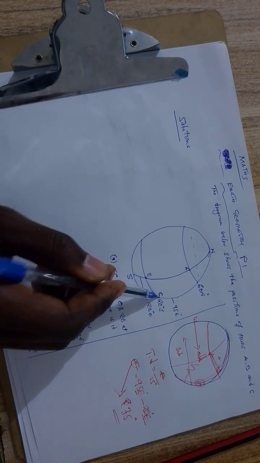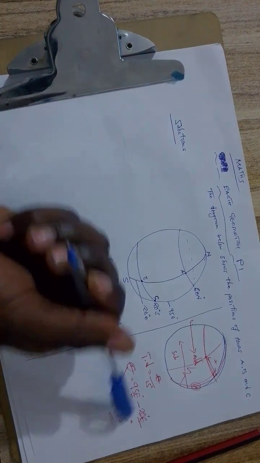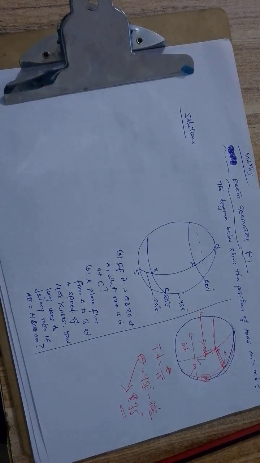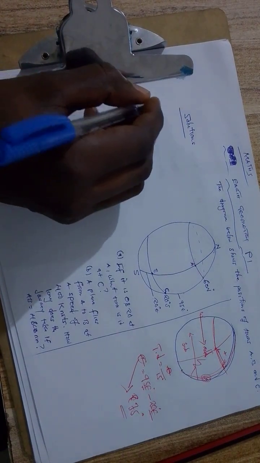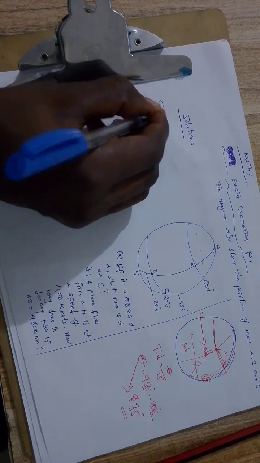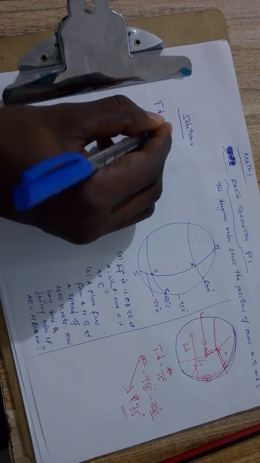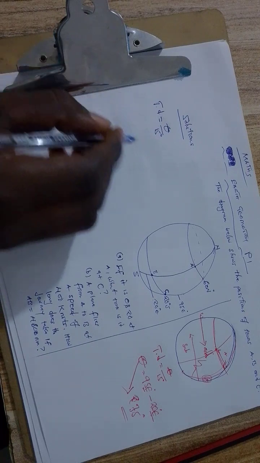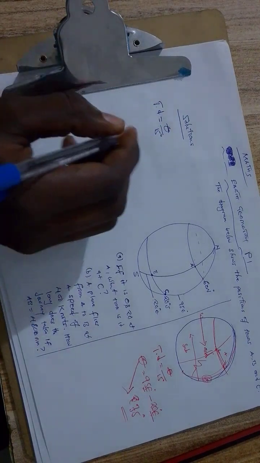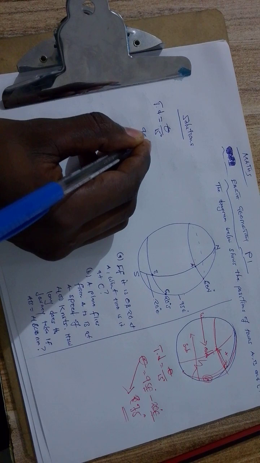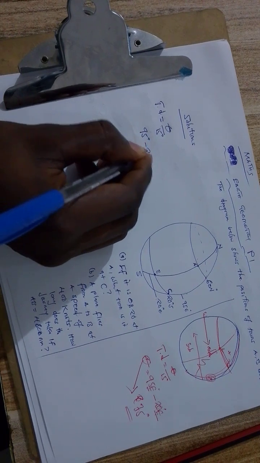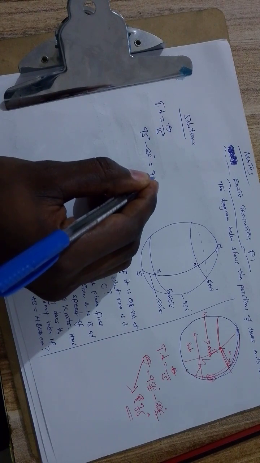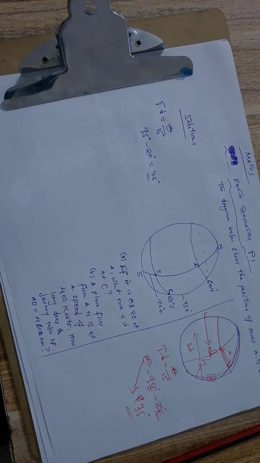From the same concept, time difference is equal to theta over 15 degrees. I'll explain where this 15 is coming from. It is within the formula. So we have 95 degrees minus 20 degrees, which gives 75 degrees as our theta.